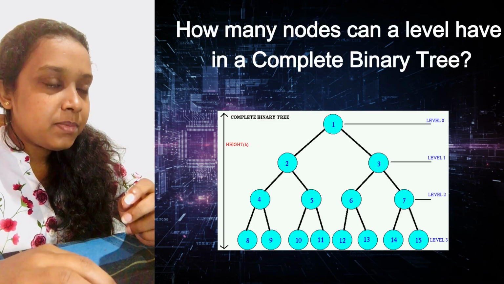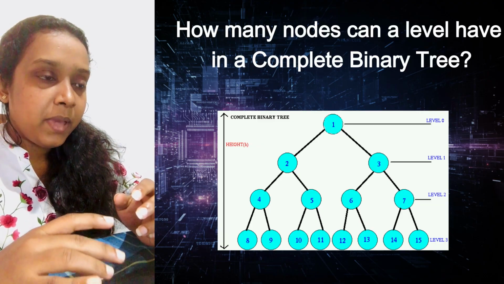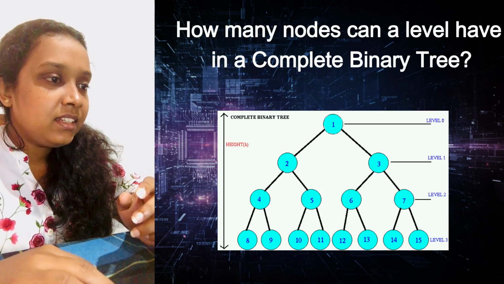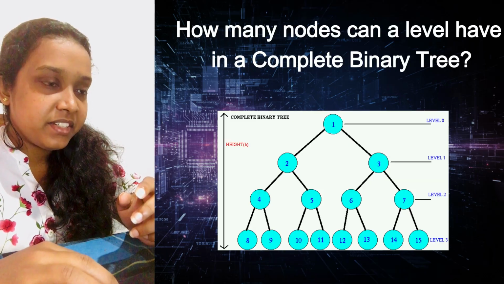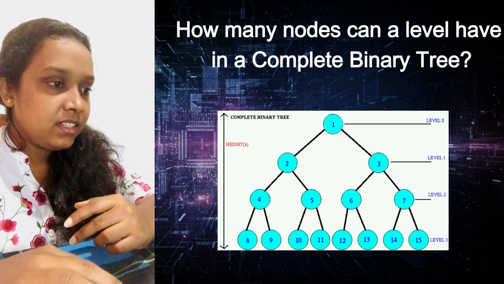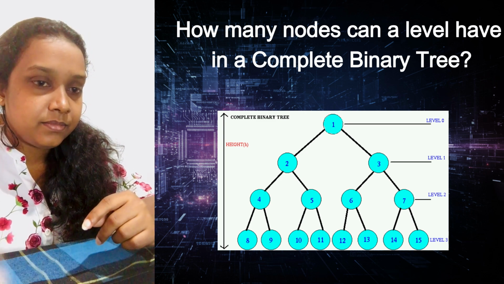So in this binary tree, in level 3, we can have a maximum of 8 nodes. And since this is a full binary tree, which I will explain later, there are 8 nodes in level 3.